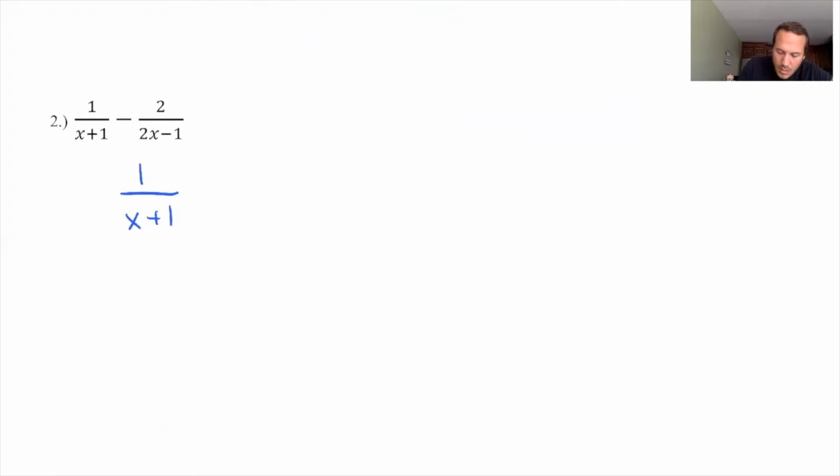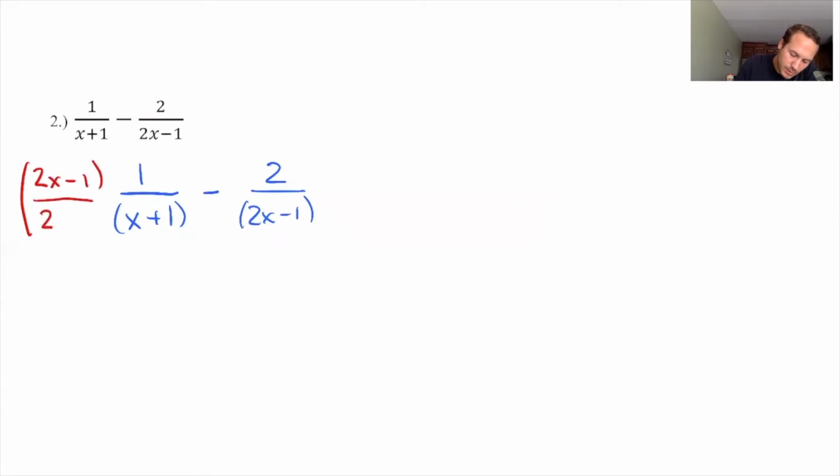So I'm going to put my minus 2 over 2x minus 1. You know what? I'm going to throw these in parentheses. Reason being, what's missing between x plus 1 and 2x minus 1 on the left side? Well, I need to multiply top and bottom by 2x minus 1, 2x minus 1.